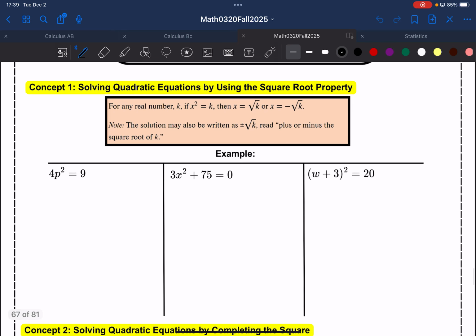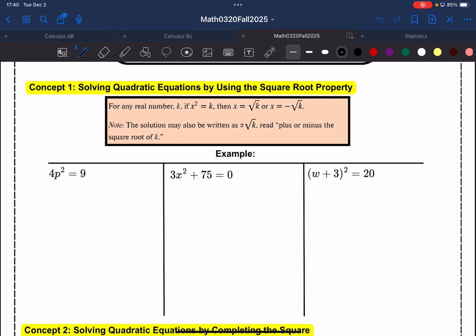So the first concept we're going to look at is how to solve quadratic equations by using the square root property. It says for any real number k, if x squared equals k, then x is equal to the positive square root of k or the negative square root of k.